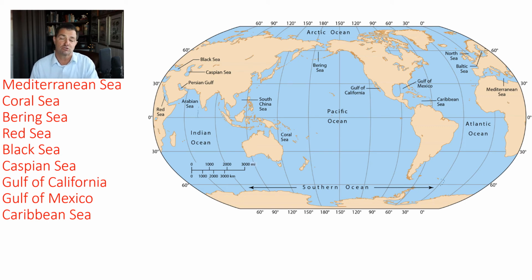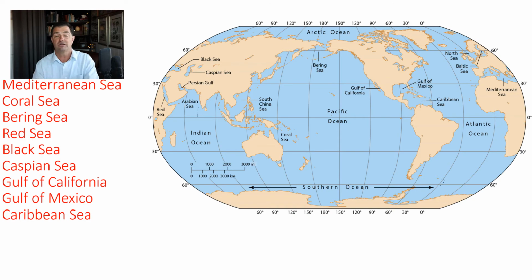The difference between a sea and an ocean, first of all, is that there really is no difference because they're connected to one another. But in geography, primarily, when geographers are plotting out coastline and things of that sort, a sea is usually referred to as a place that's closer to land. So wherever an ocean is closer to land or is surrounded more by land, they call that a sea.